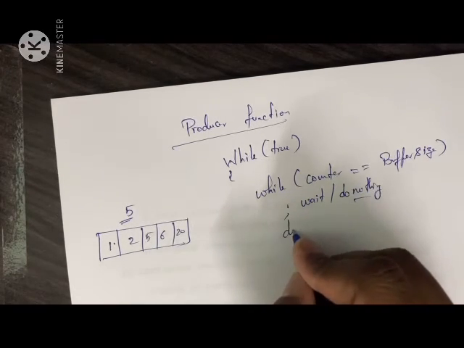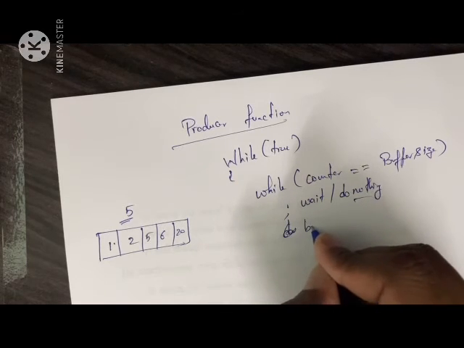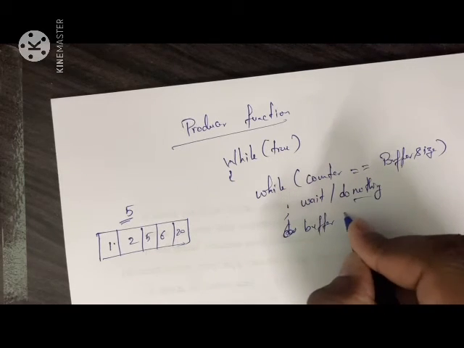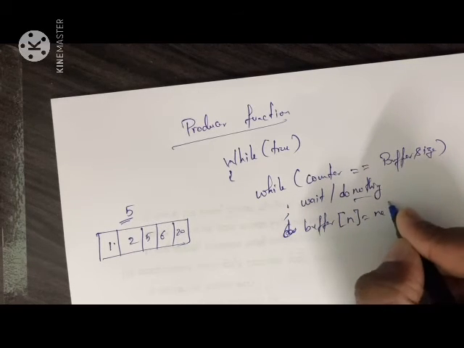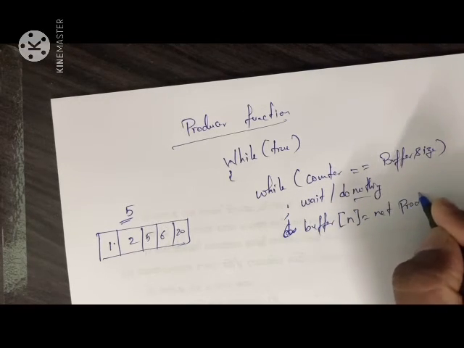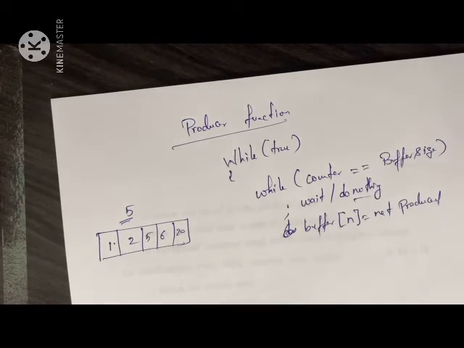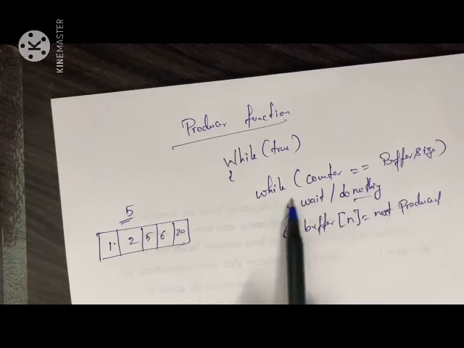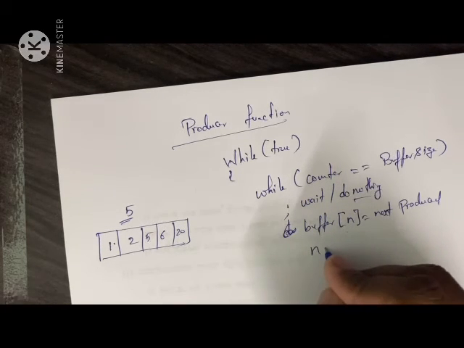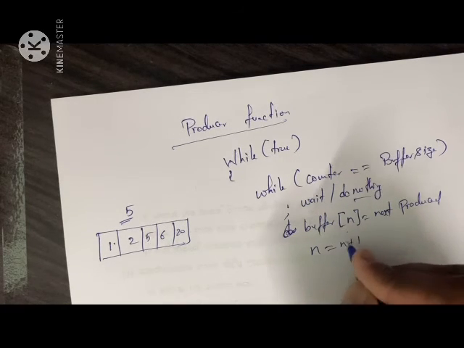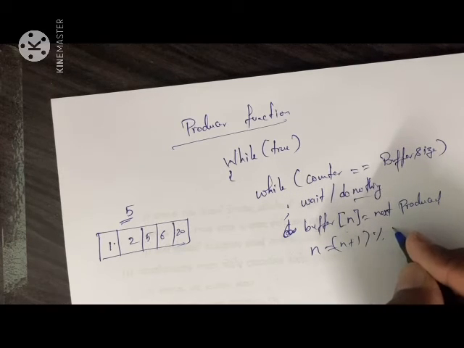And if the condition is not true, then the buffer will take the next produced element, where in equals (in plus 1) modulus buffer size.